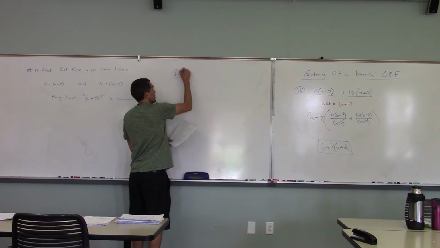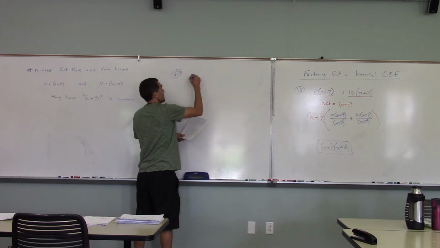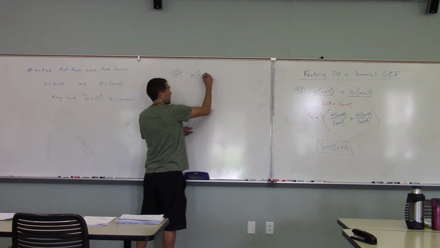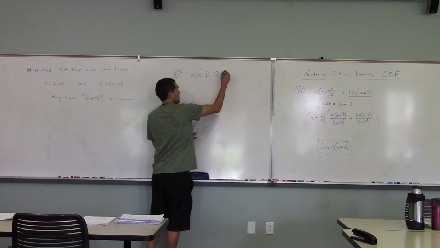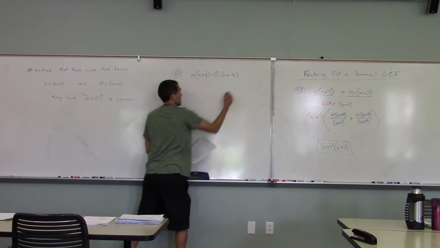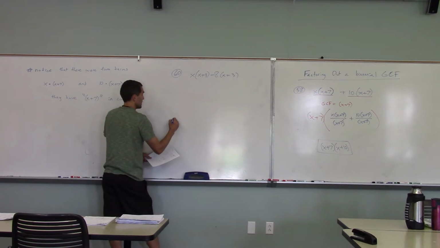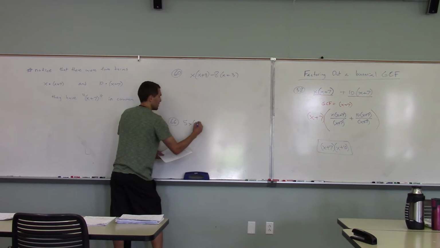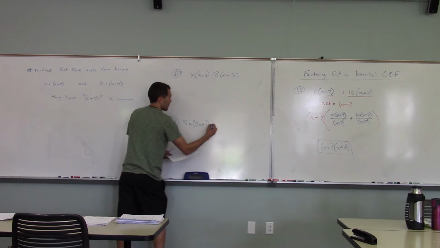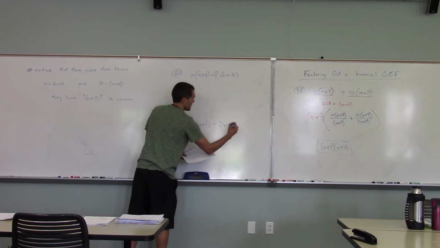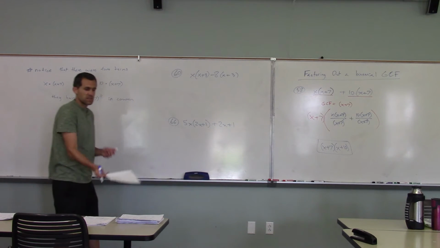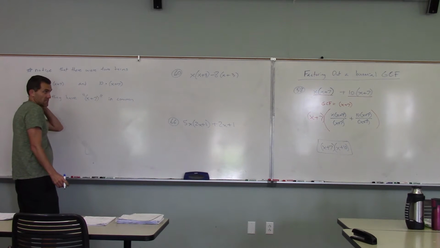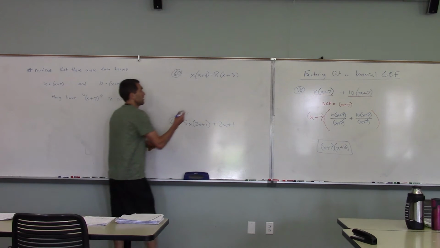Alright, so 60 is factor this. And then 66, a little trickier, is a perfect stepping stone or segue into our last bit of this section. Alright, so for 60, what's the GCF?